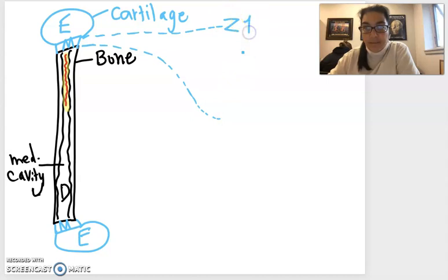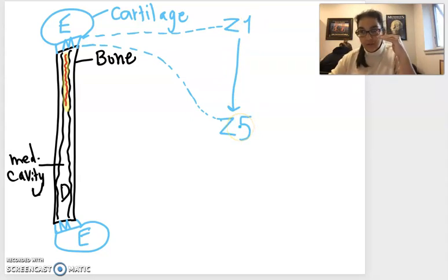Zone 1 through Zone 5. There are different cells layered on top of each other, and there's something happening in each of these layers.